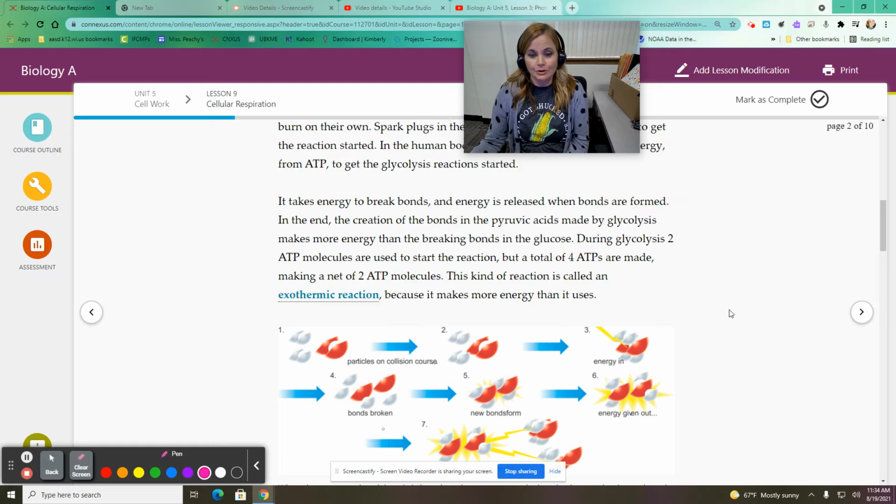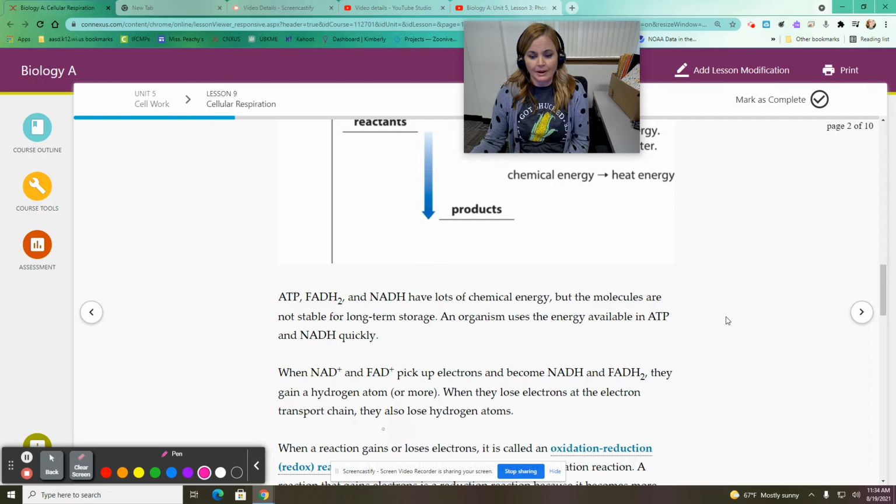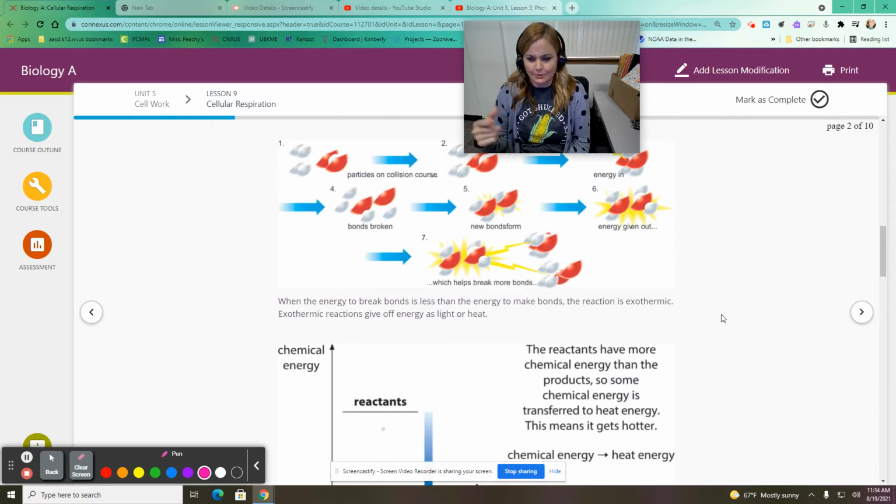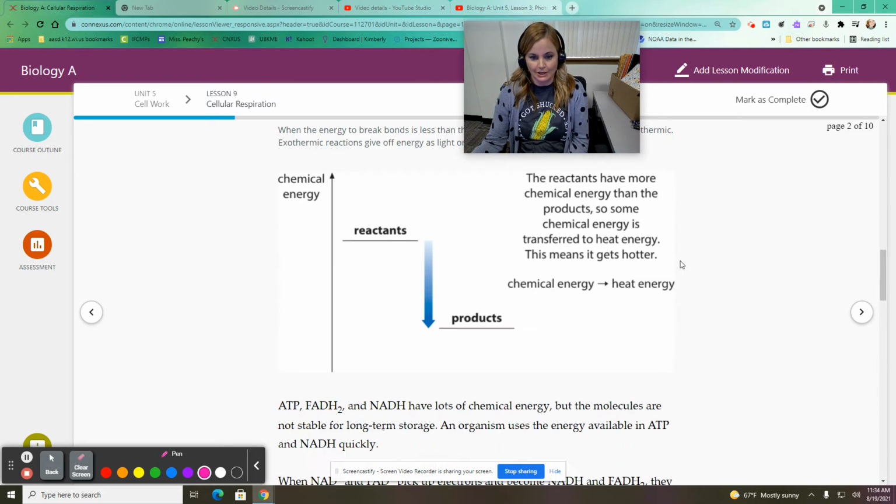It actually makes more energy than it uses. Endothermic reactions are the opposite. They don't talk about those. Those take in more energy than they release, so they're storing energy. Endothermic reactions will store energy. Exothermic reactions will release energy.